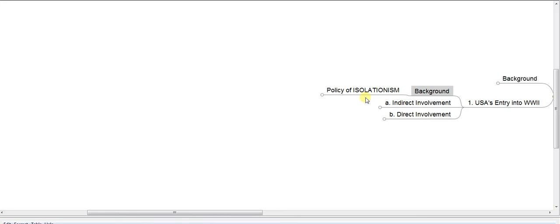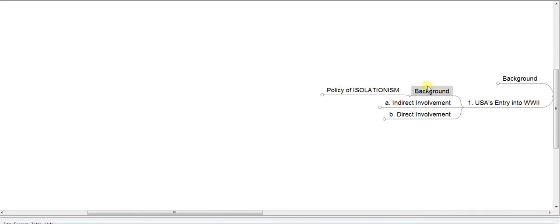In 1937, the Neutrality Act was passed, and this act pledged that America would stay out of foreign wars. It assured the American people that America itself would not be involved in foreign wars, and by extension, wars in Europe. So this is just some background.